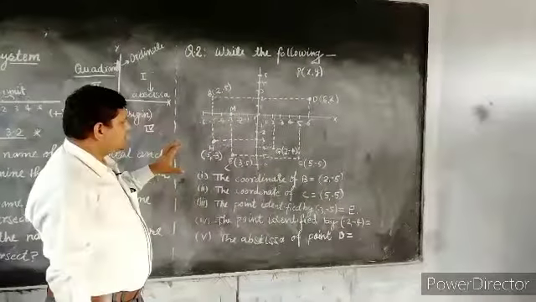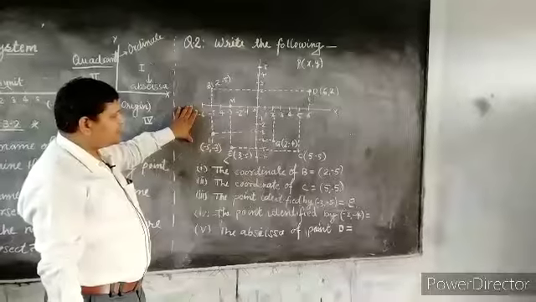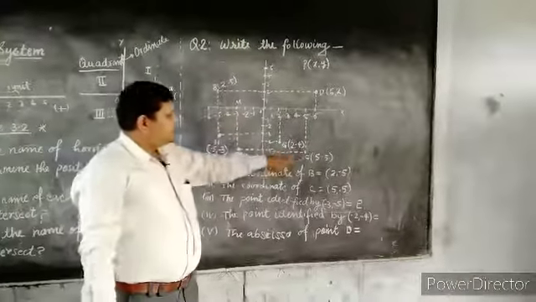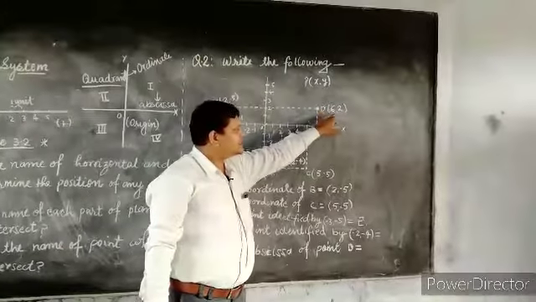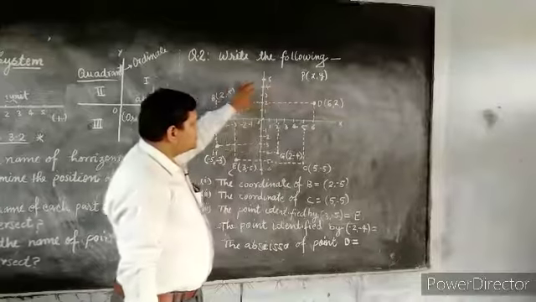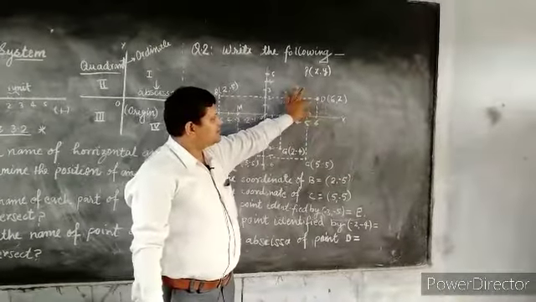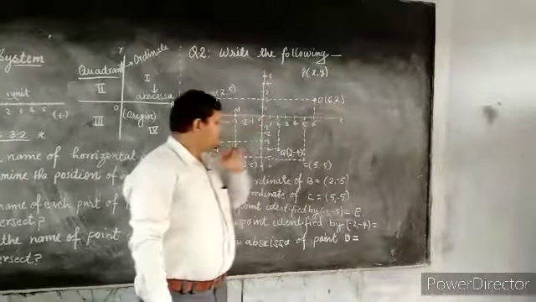So first of all we will write all the coordinates given in the figure. C is 5, -5, and D will be 6, 2, because its distance from the y-axis is 6 and from the x-axis is 2.